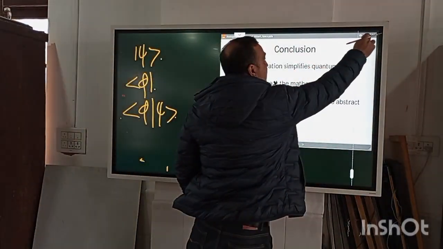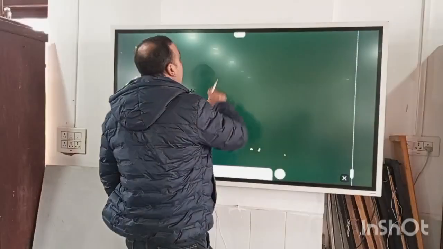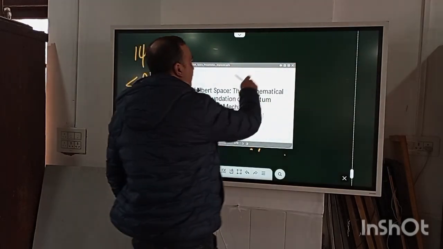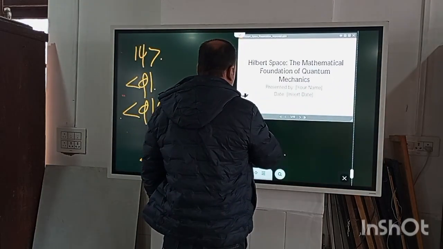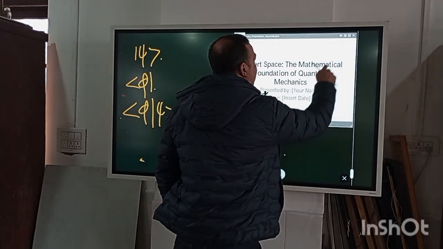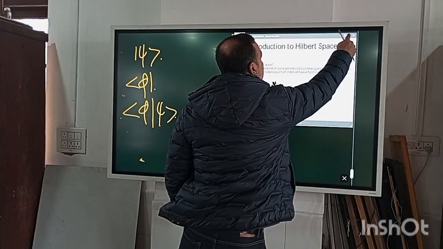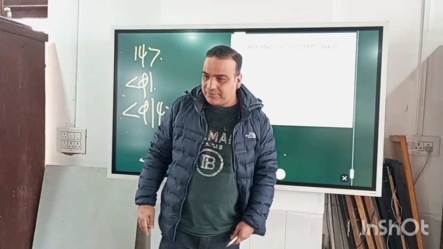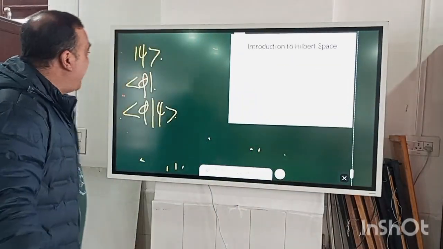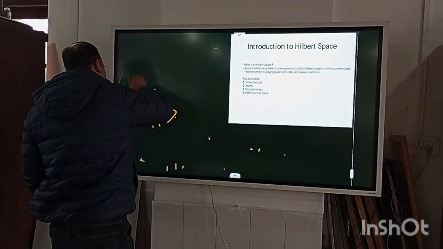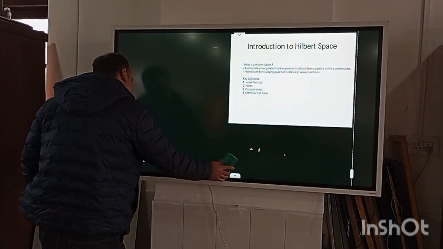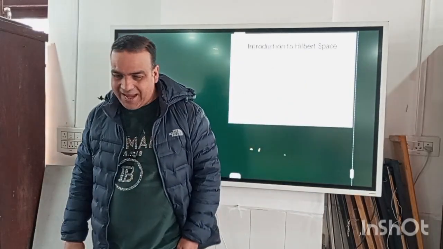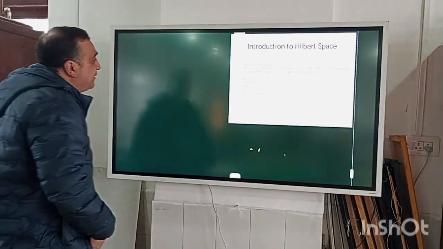Now, if we move on from here and focus on what we call the Hilbert space, let's get some understanding about it. As I said, this Hilbert space is a mathematical framework in which these kets and bras play, and they give us information about the system.